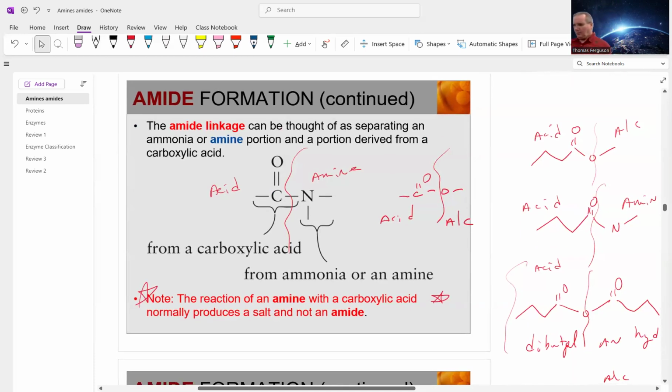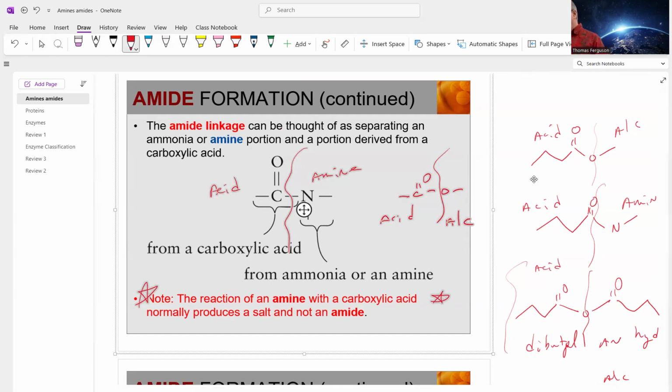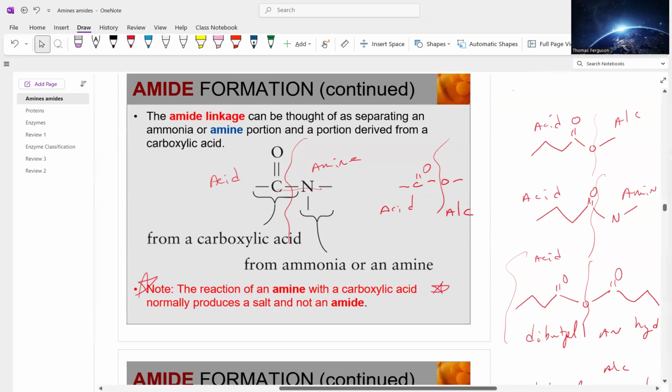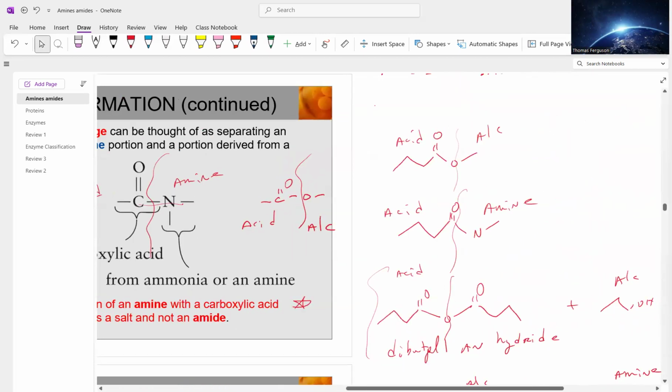So when we have an amide bond, like I did before, we have the acid side, we have the amine side, and we have a primary backbone, secondary backbone. So this was one, the ester. So on the acid side is the primary backbone.